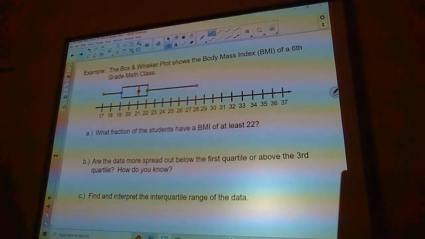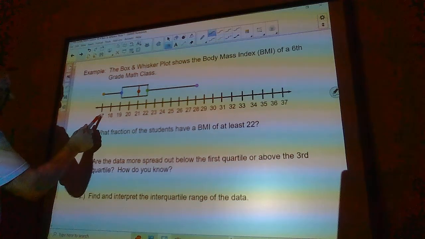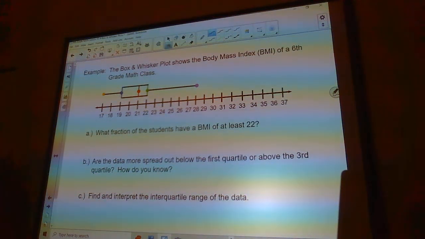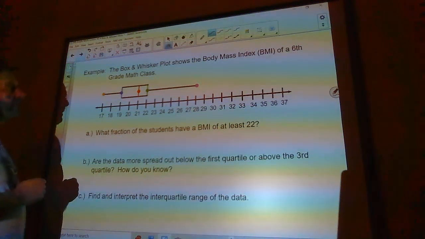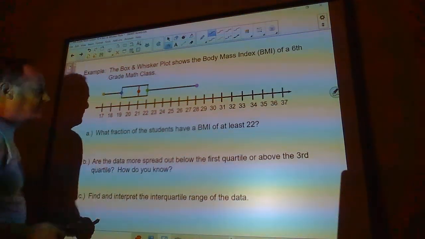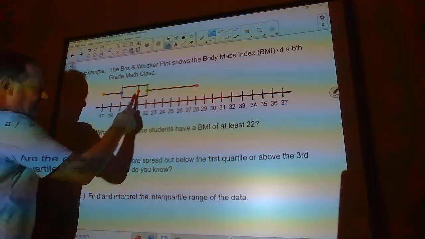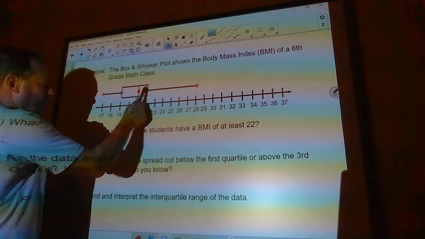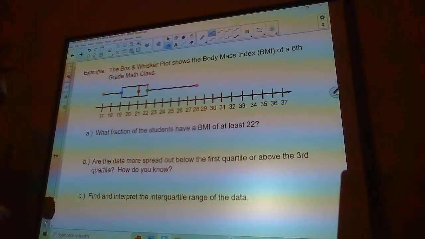Okay, this box and whisker plot shows the body mass index, or the BMI, of a 6th grade math class. So my minimum is 17, my high is 28. The middle one is 21. The third quartile is 22, and the first quartile is 19.